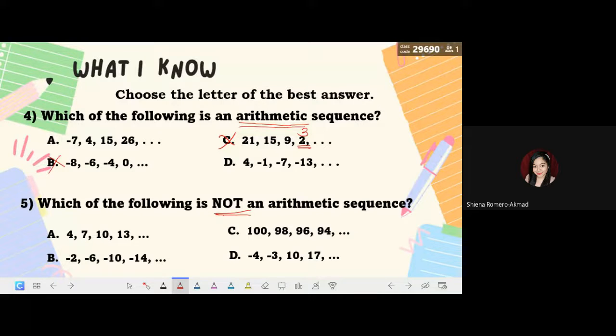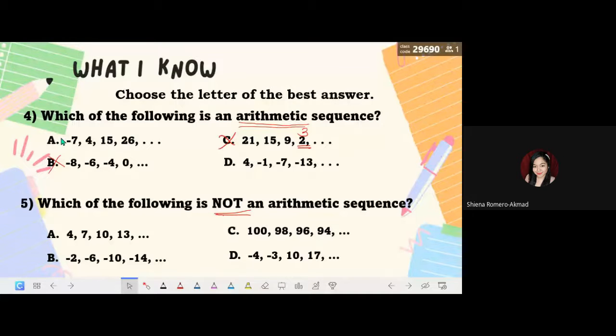Ayan. How about for letter A? Unahin natin si A. Ano yung difference ni negative 7 and 4? What is the difference of negative 7 and 4? Si Lapis ang nag-raise.